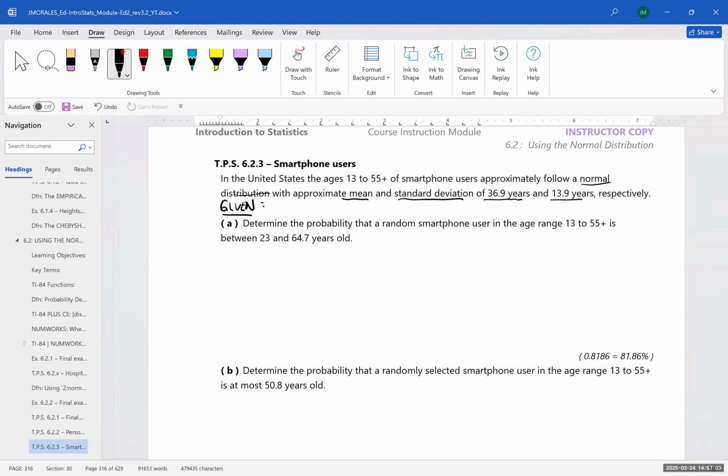We're looking at the age of smartphone users, so age of smartphone users is our random variable. It's normally distributed with a mean of 36.9 and a standard deviation of 13.9.